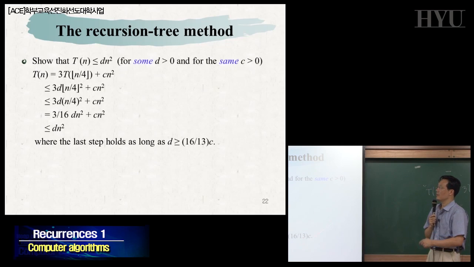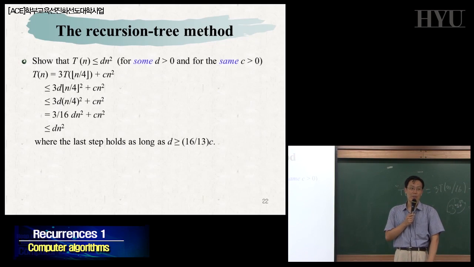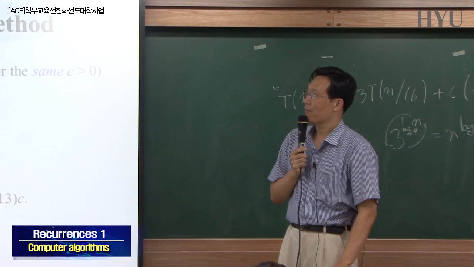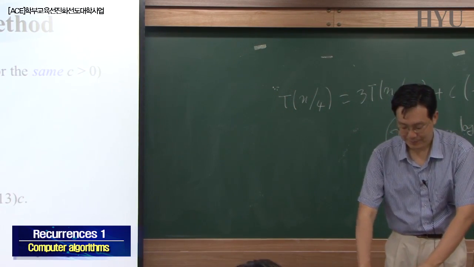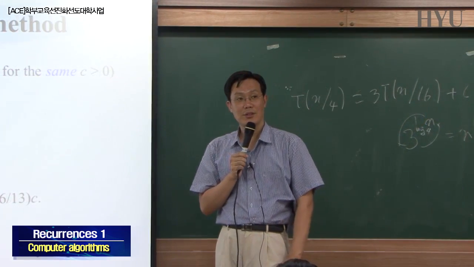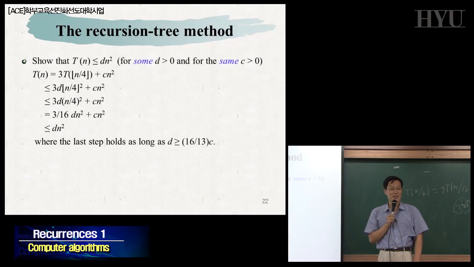It is given here. So look at this page for a couple of minutes, and I'll ask you some questions. Because we have to show that T of n is big O of n squared. So by the definition of big O, we have to show T of n is less than or equal to dn squared.